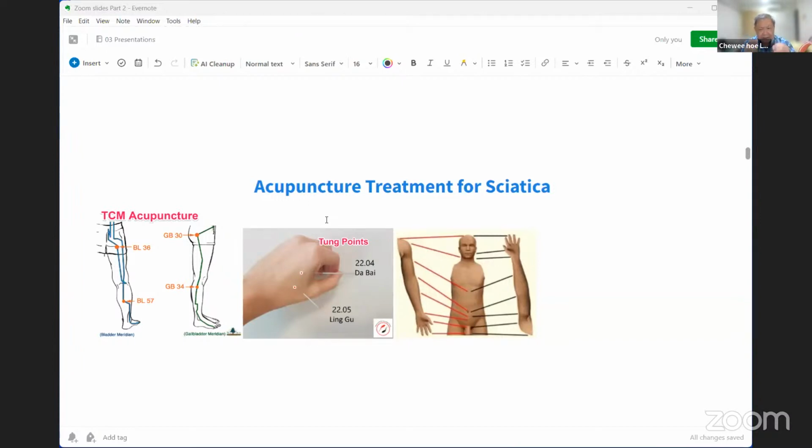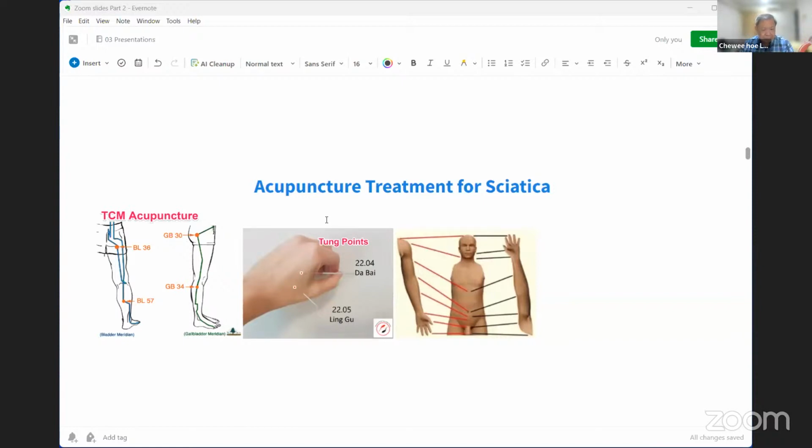In TCM, the top point is LI4 or stomach 36. These two are the top points. In the Tung system, it is 2205, treats 100 issues. So it is popular for low back pain and sciatica.